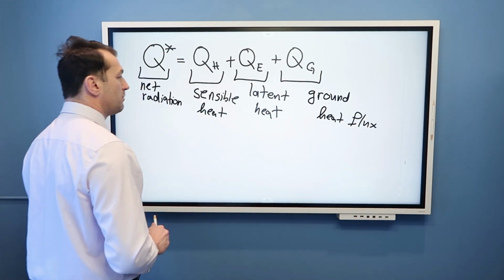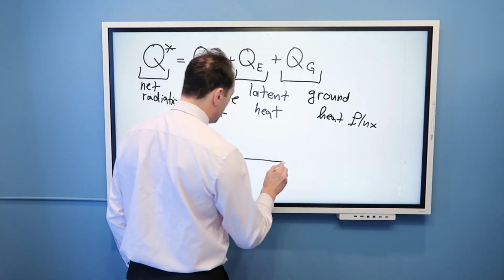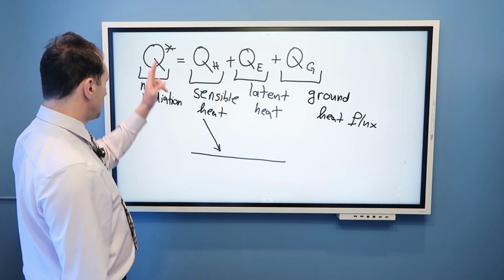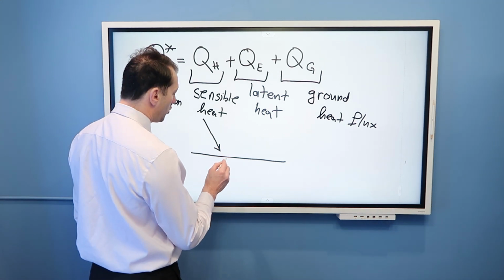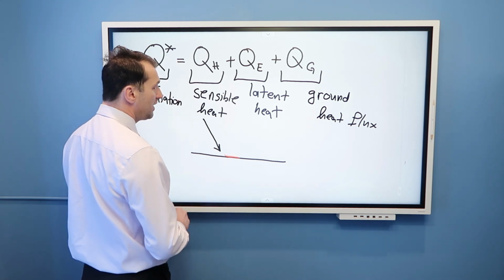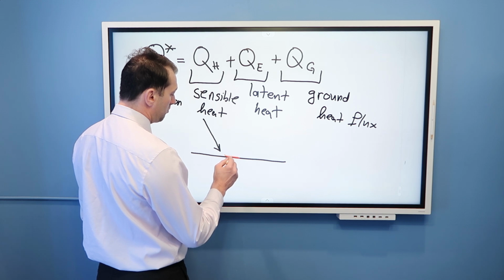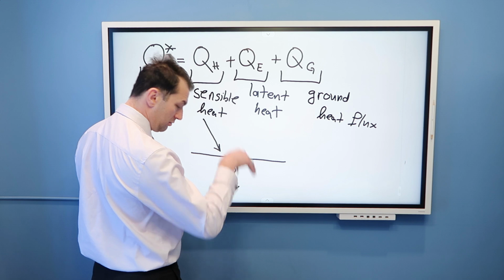What do we mean by this ground heat flux? Well, if this is the surface of the Earth and solar radiation is absorbed, that means this Q star, then this absorbed solar radiation, let's indicate it like this, can be used to conduct heat to deeper layers of the ground.